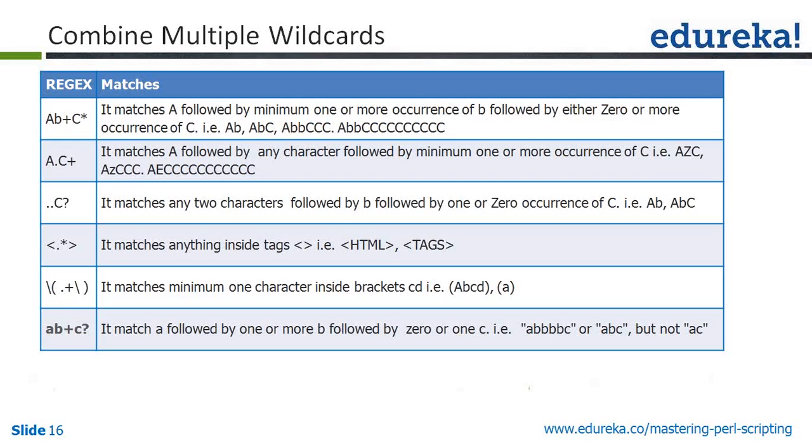And if I want to suppress brackets as well, because we have seen that brackets have special meaning, we can put a backslash followed by the brackets and then proceed. The last example, AB plus C question mark: A 1 occurrence, B any number of occurrences, C 0 or 1 occurrences, so it will match those characters.